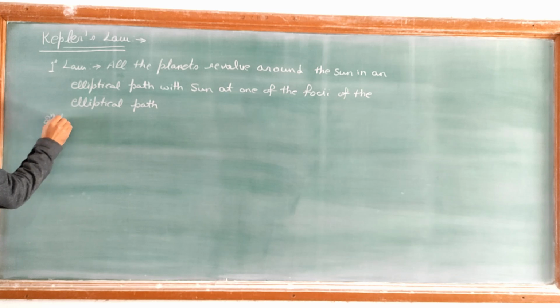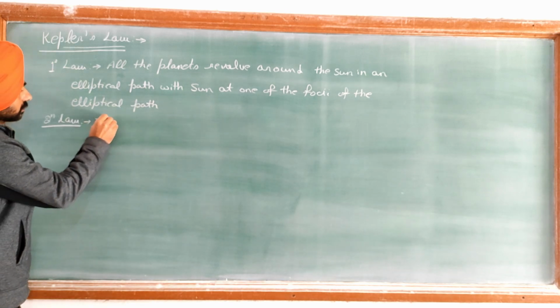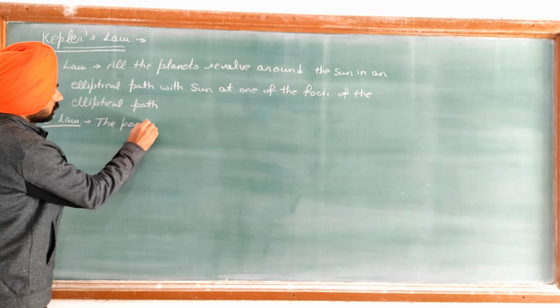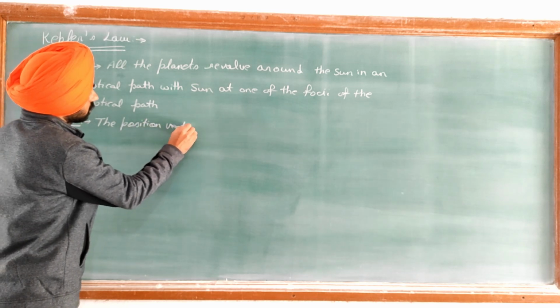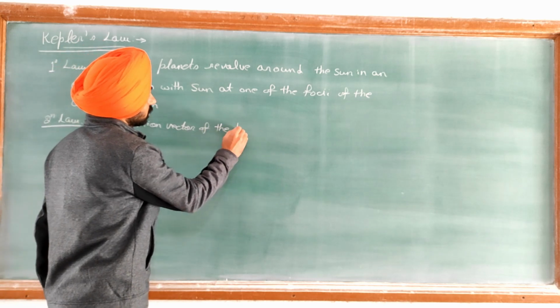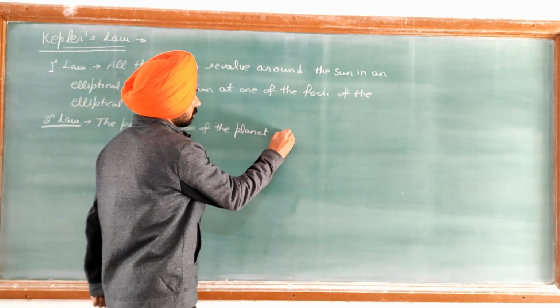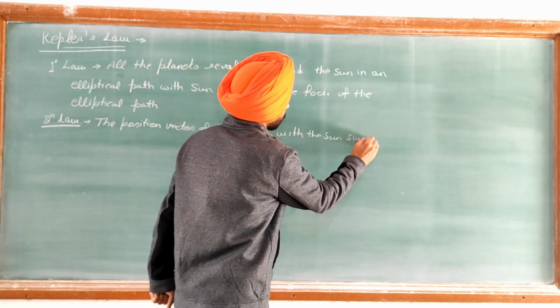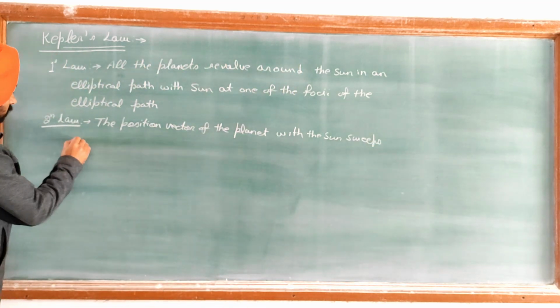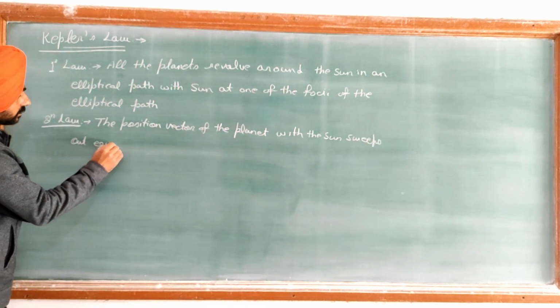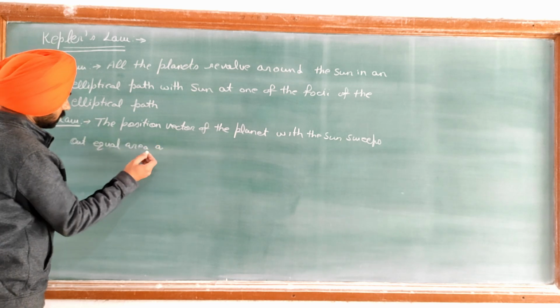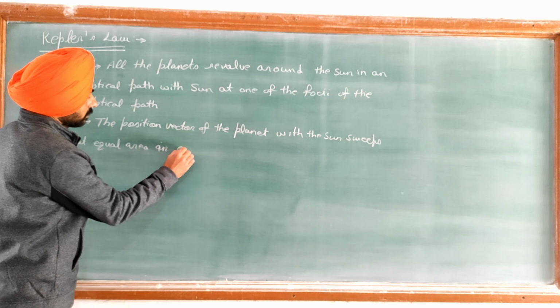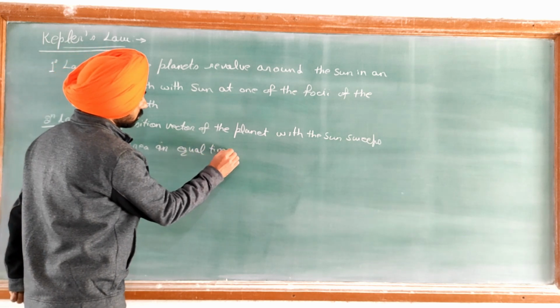And Kepler's second law is: the position vector of the planet with the sun sweeps out equal area in equal time intervals.